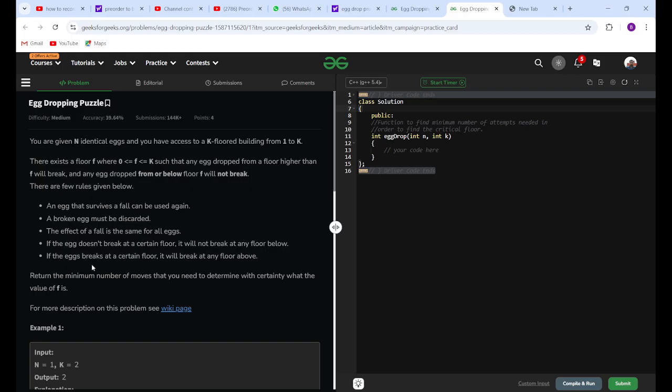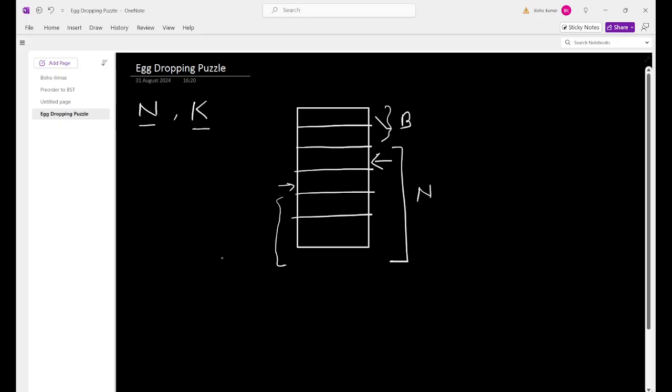And if an egg breaks at a certain floor, then it will break at any floor above.